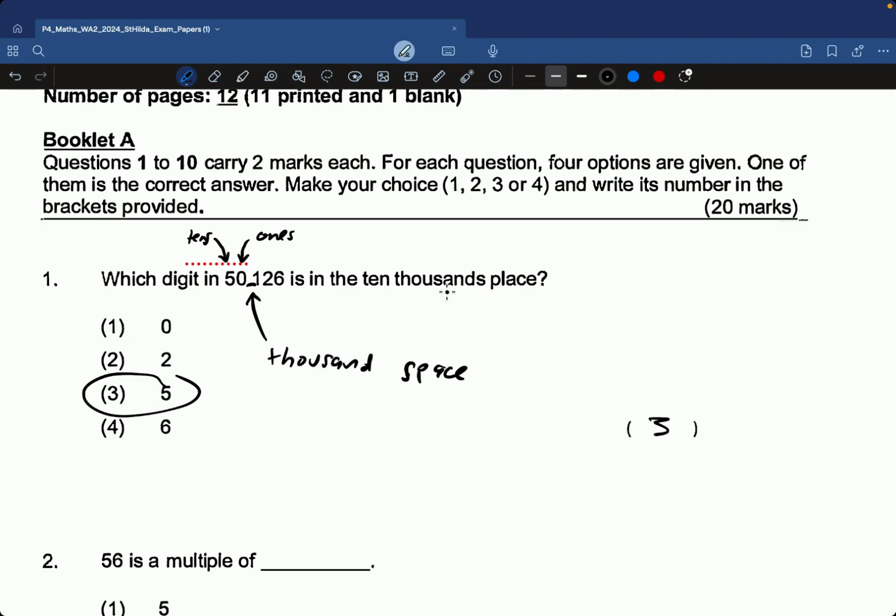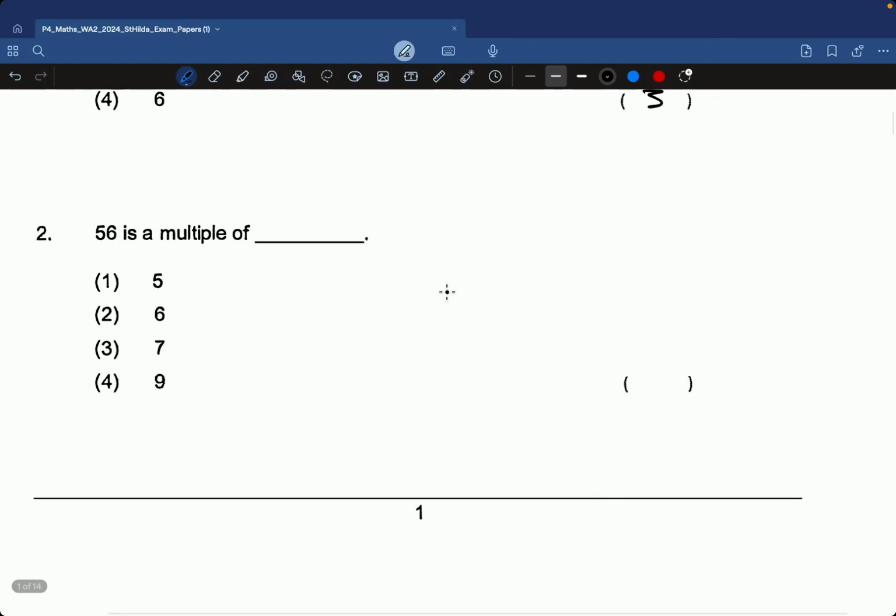Let's move on to the next question. Question 2. 56 is a multiple of, so if you remember your multiplication table, so 56 over here, not 58, sorry, 56. What are the different multiples?